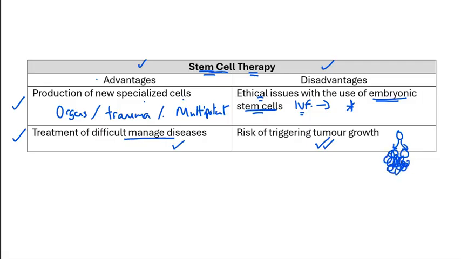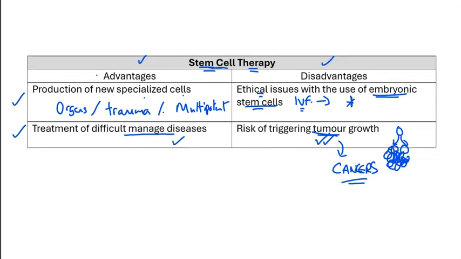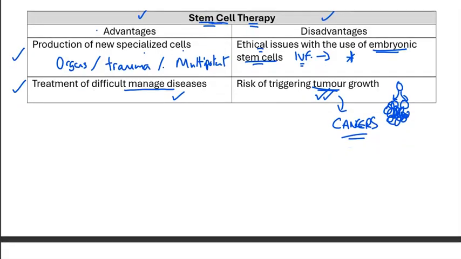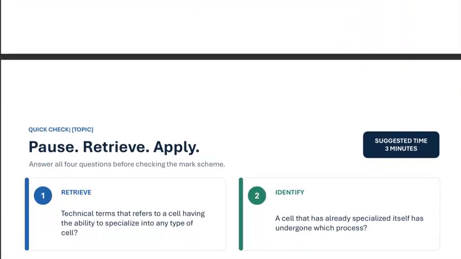Because such uncontrolled division is what we call a tumor, which is the basis of cancers. And so that's an important part of stem cell therapy which has to be overcome and regulated. These are early technologies which are only now just starting to see their applications.